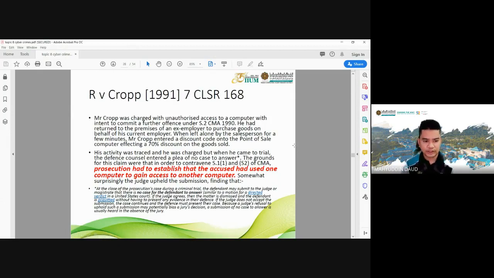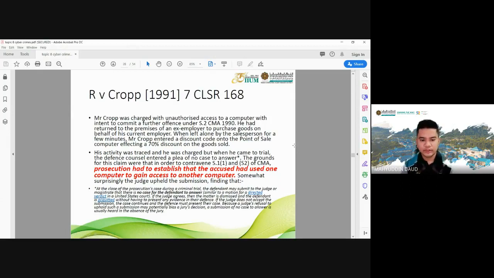But when he came to trial, the defense counsel tried to enter a plea of no case to answer. He said that the grounds were that in order to contravene Section 1 of the CMA, this is not the Communication Multimedia Act, this is the UK Computer Misuse Act, the prosecution had to establish that the accused had used one computer to gain access to another computer.